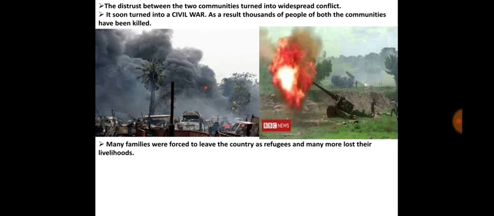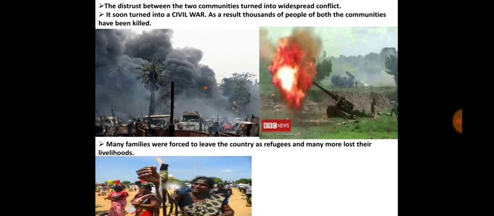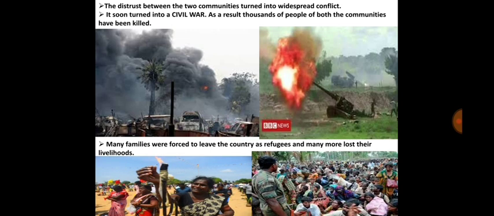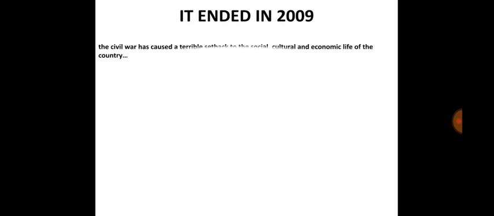That solution was given by Belgium, but that is not the situation in Sri Lanka. And what will be the result? You can see through these pictures. It ended in 2009. The civil war has caused a terrible setback to the social, cultural, and economic life of the country. It is around 11 years now.